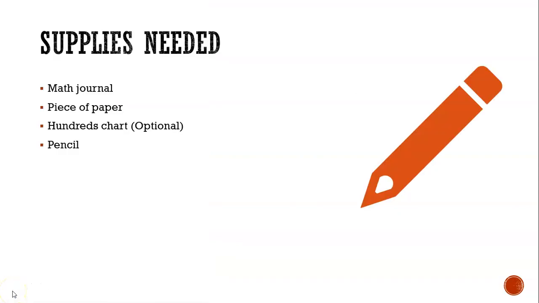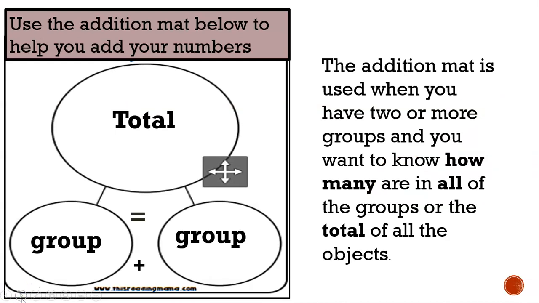Your supplies needed are a math journal, a piece of paper, a 100 chart, and a pencil. Here is the mat that we are going to be using. It's an addition mat. So you will always have your group plus your group equals your total.